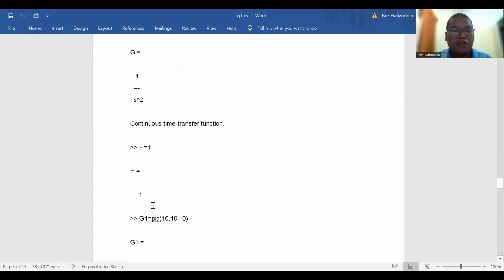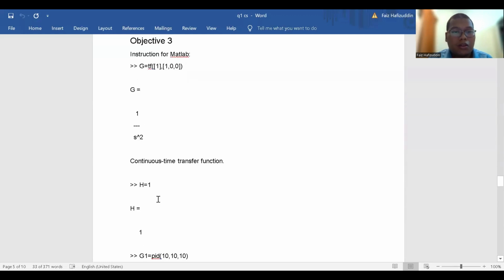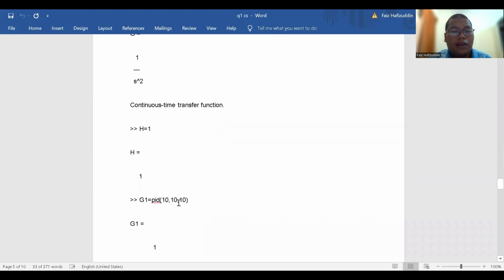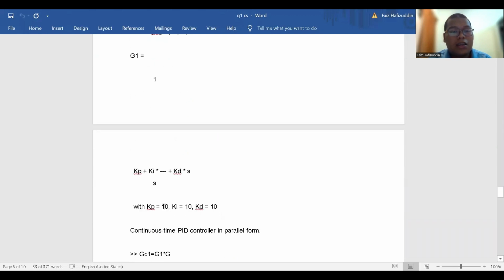So next, for objective 3, I just need to insert the PID controller here, and I set KP equal to 10, KI equal to 10, and KD also equal to 10.